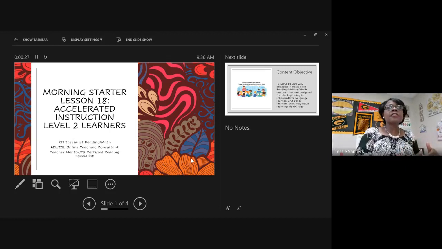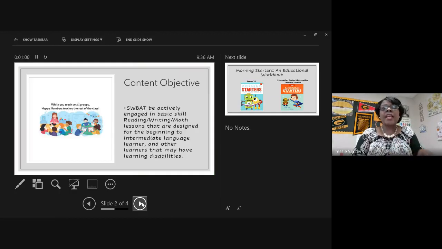But the lessons and my teaching concept is to remediate the intermediate level learners with basic reading, basic writing, basic math skills, and that adult English language learner that is being introduced and is starting to master the English language just a little bit. So that's the purpose and the explanation for the lessons at particular grade levels.